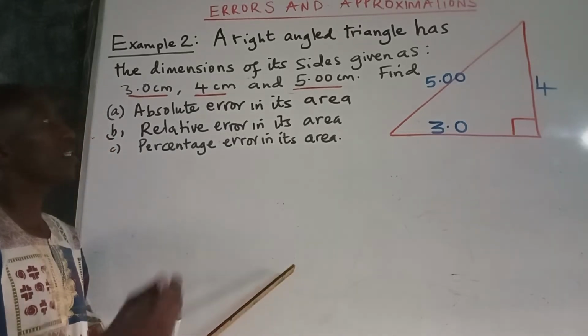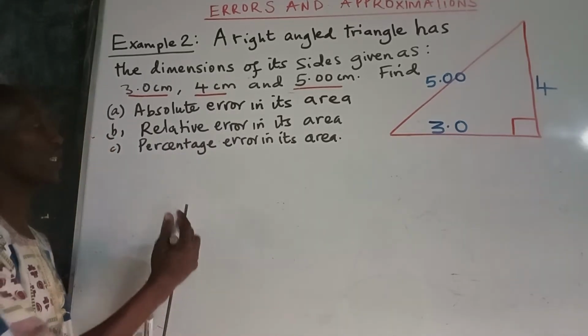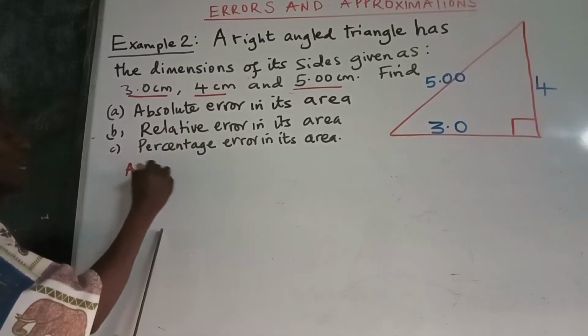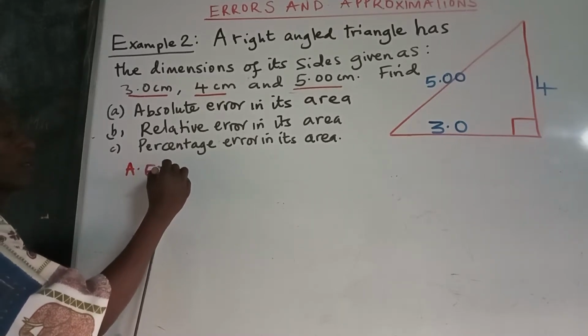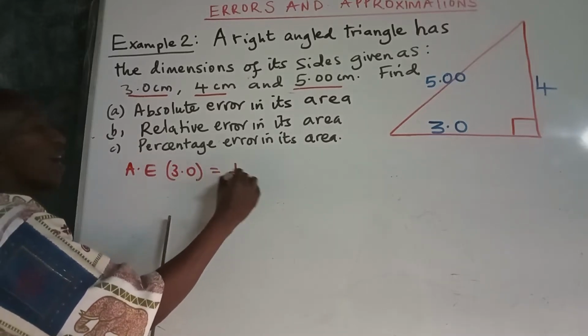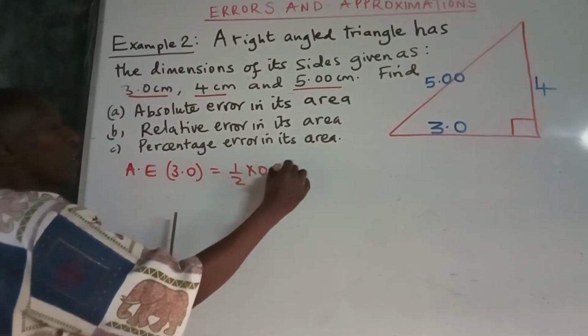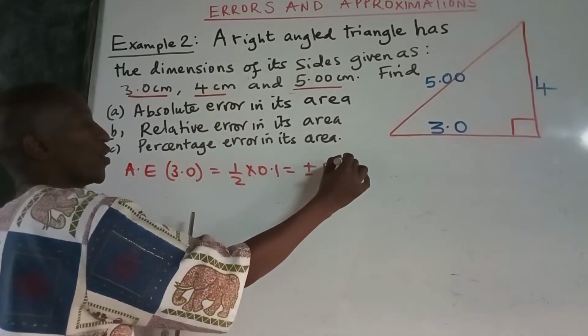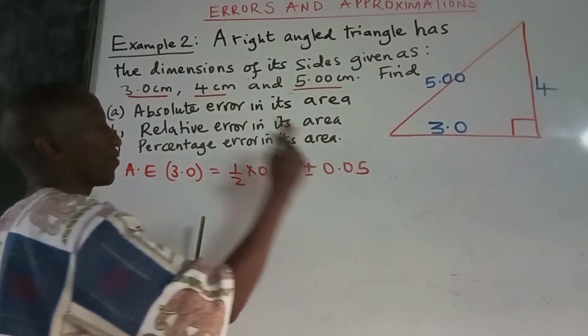Then we have the absolute error in 3.0, which is a half of 0.1, plus or minus 0.05.